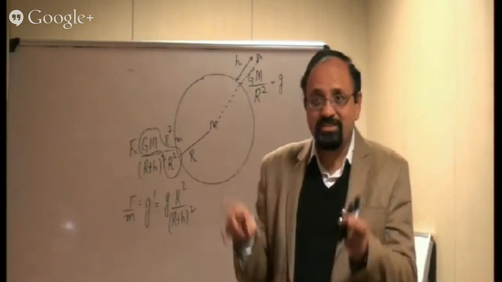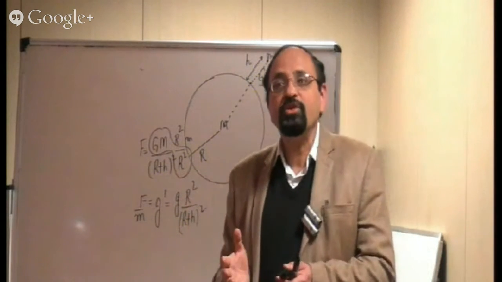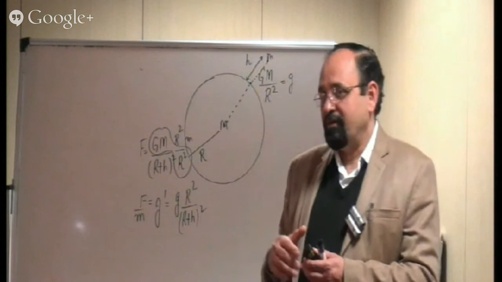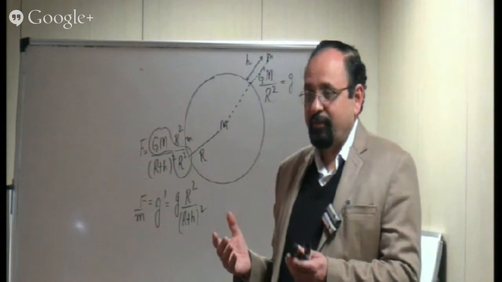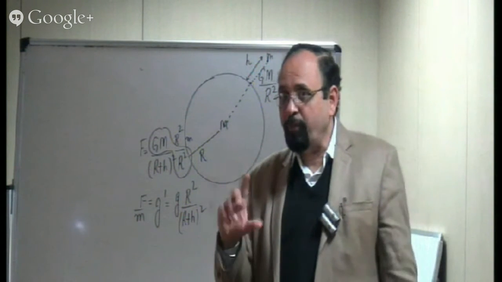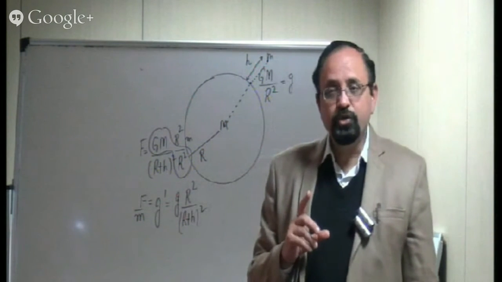But there are certain assumptions in these equations, that we are treating the earth to be a uniform sphere. What will happen if it is not a uniform sphere? In my last lecture, I told you that when the uniformity is not there, we do one thing.